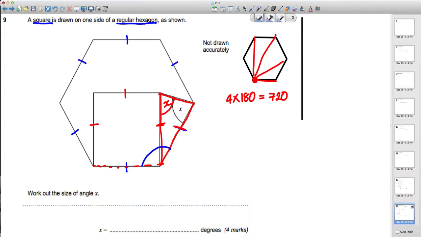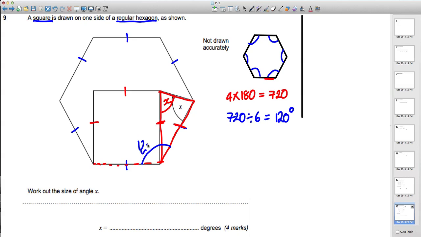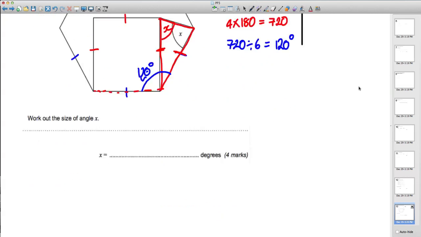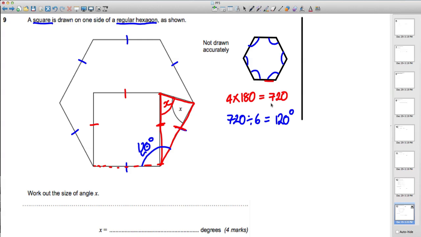So therefore each particular one, if you divided by the 6 that there are, 1, 2, 3, 4, 5, 6, 720 divided by 6, well 72 divided by 6 is 12, so 720 divided by 6 is 120 degrees. The interior angle must be 120, okay? So you could label that as 120 degrees and show where you got your working, namely by this here.